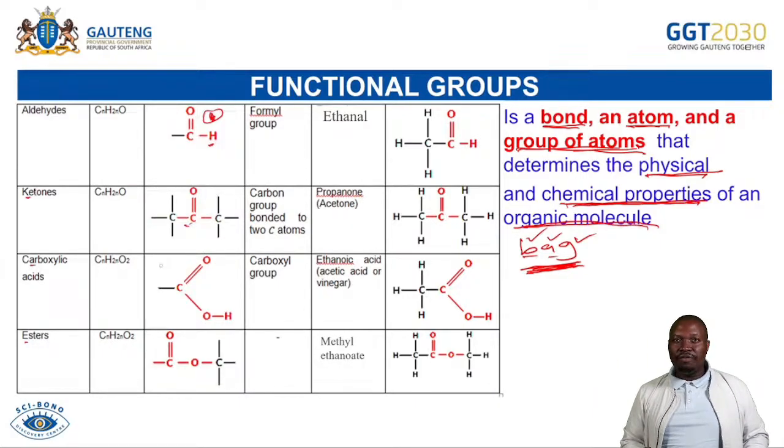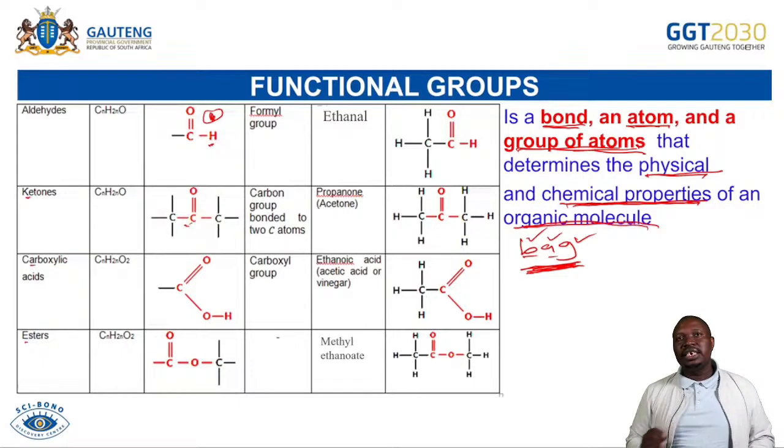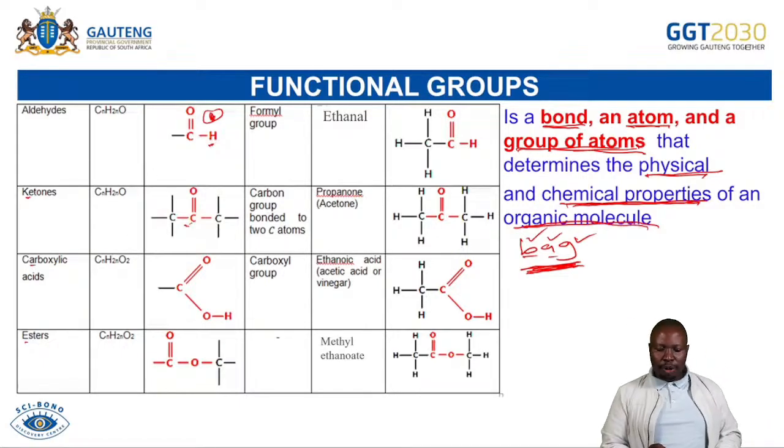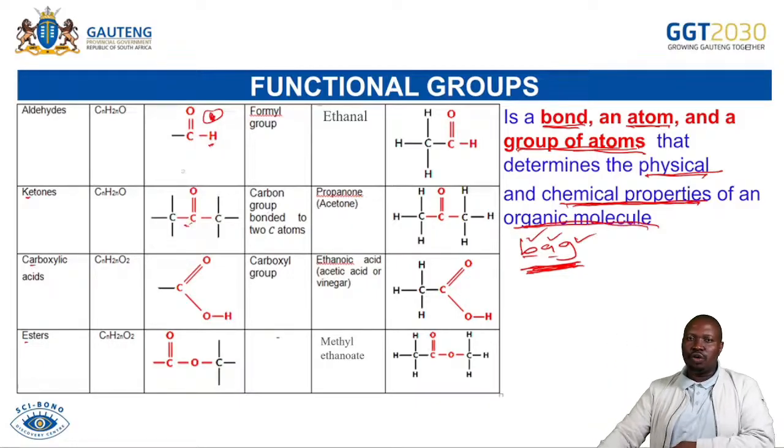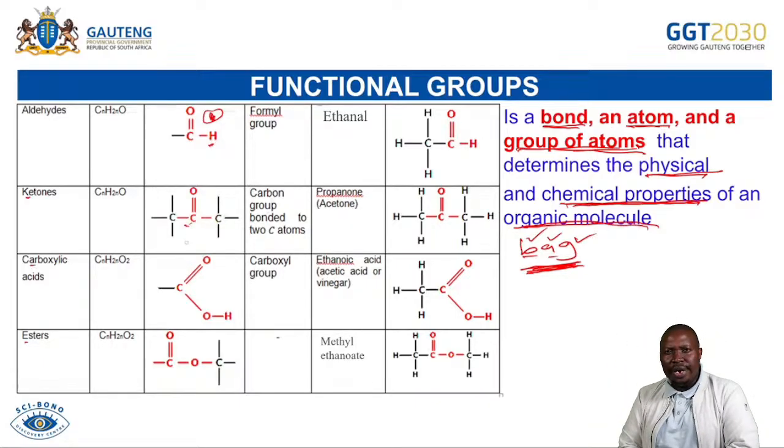Hence if we say draw the functional group, you will draw everything that is there, because the C double bond O must be surrounded by 2 carbons. And remember what I said when we're dealing with functional groups: the carbon always has 4 bonds around it all the time. You cannot draw the functional group of ketones as just C double bond O like that.